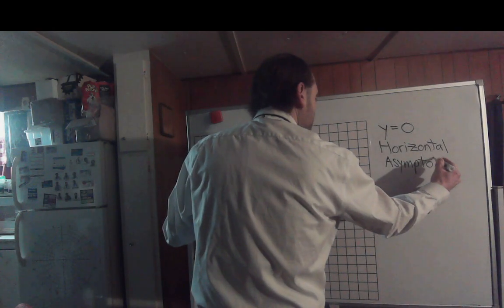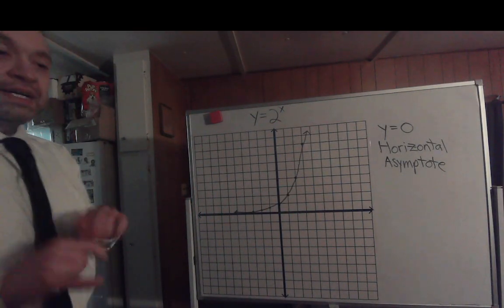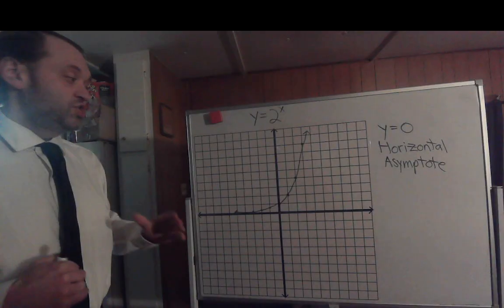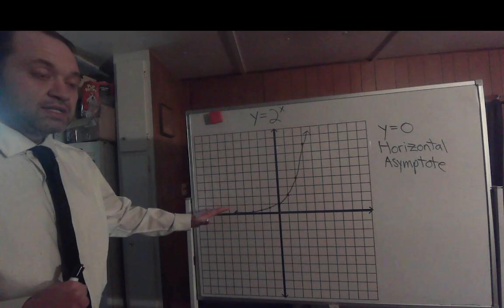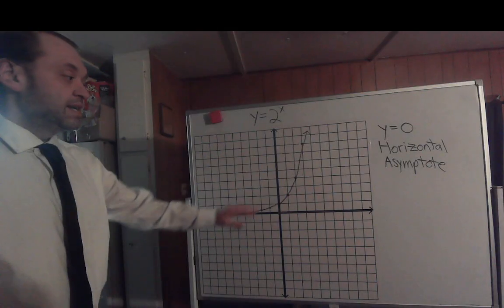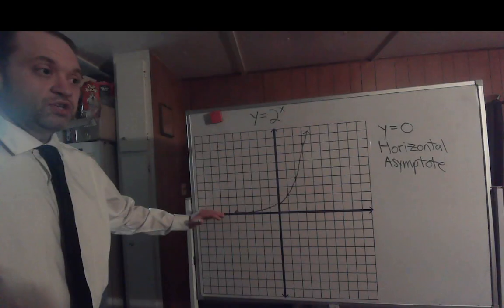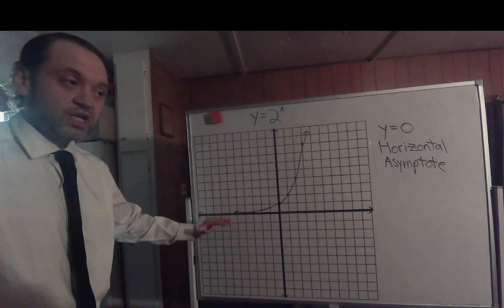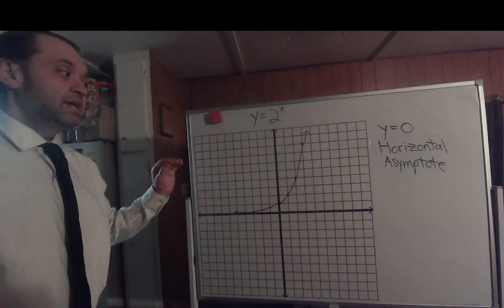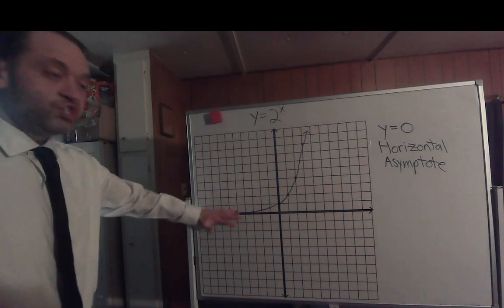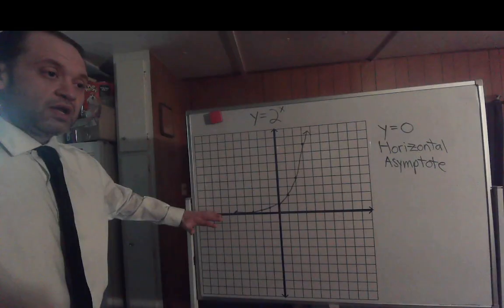Asymptote. That's how you're going to spell that. An asymptote is a line that you simply cannot cross. It's a line that you can't cross. You can get infinitely closer and closer to it, but you'll never actually reach it. And it also helps to guide the shape of your curve.